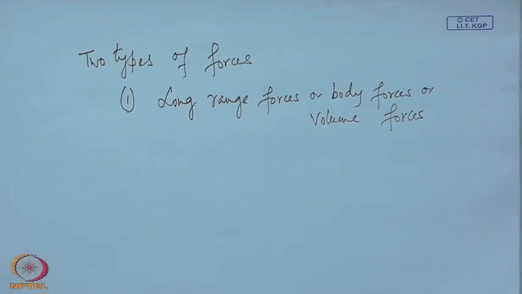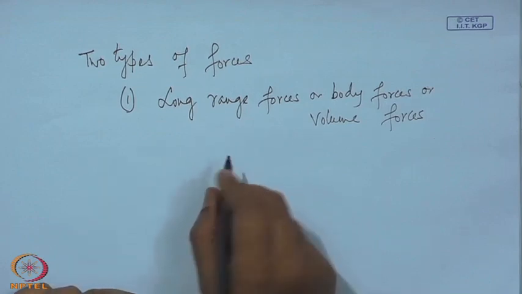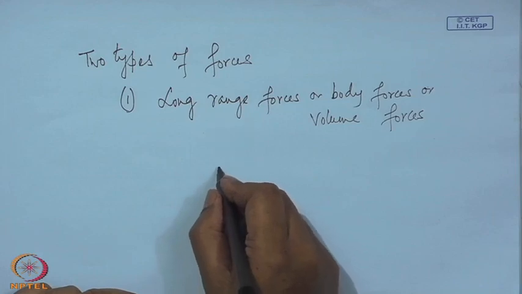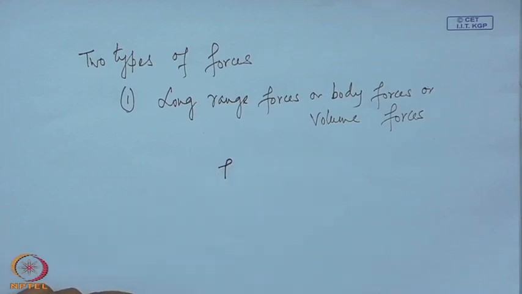Mathematically, we will write this force in this fashion, in vector notation. This rho is density, which we bring in because the most common volume force, gravitational force, depends on the mass.